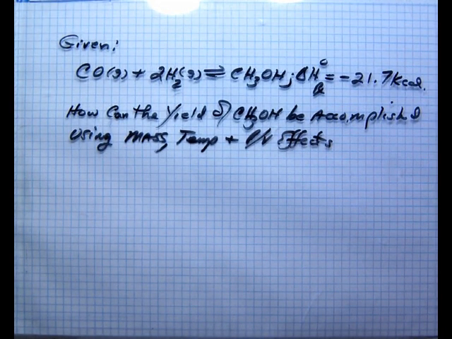So this is the essence. The consideration for concentration, temperature, and pressure is not just isolated within itself. All three of them can be used simultaneously to effectively produce a greater yield in a reaction process.